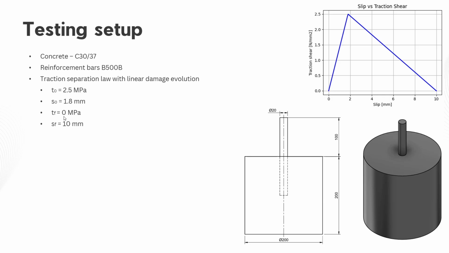Sorry, not the traction is equal to 0, but the slip at this fracture is equal to 10 millimeters. From this point on, there is zero contribution of the stiffness, and the bar is just pulled out or moving away from this volume without any traction.